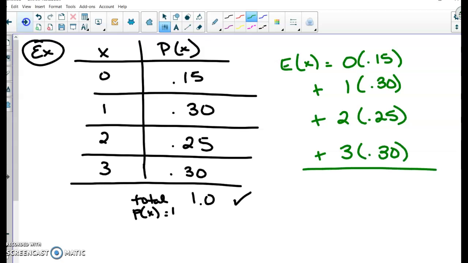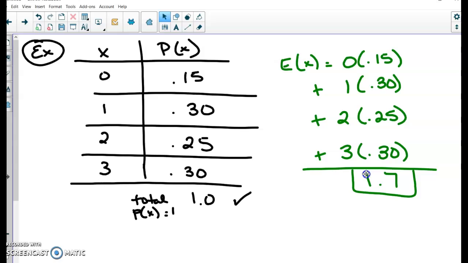And then I would just go ahead and calculate that. You're just trying to figure out, based on the probability distribution, what should you get based on these different probabilities? Going ahead and calculating all of this, my expected value is 1.7. So pretty easy to get through.